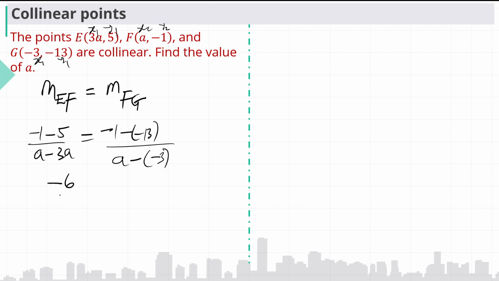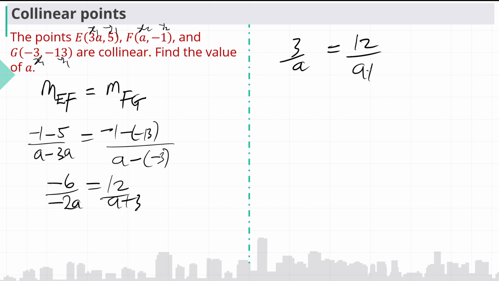So we get minus 6 divided by minus 2a, 12 divided by a plus 3. This is same as 3 divided by a, equals 12 divided by a plus 3. When we cross multiply, we are going to get 3a plus 9 equals 12a.